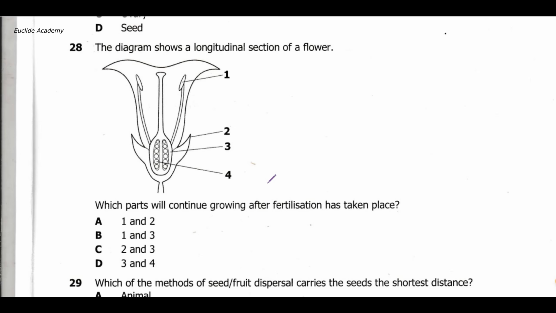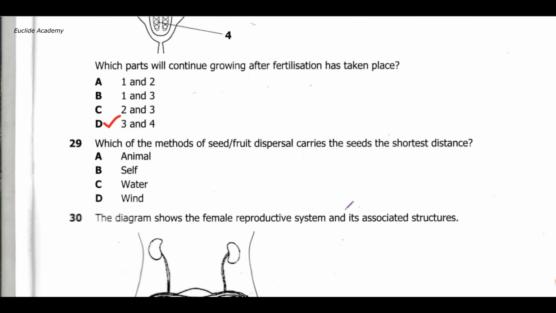So we've got the ovules, which develop into seeds, and the ovary, which develops into a fruit. So we've got 4 and 3. We'll go for D. Will continue growing after fertilization has taken place.